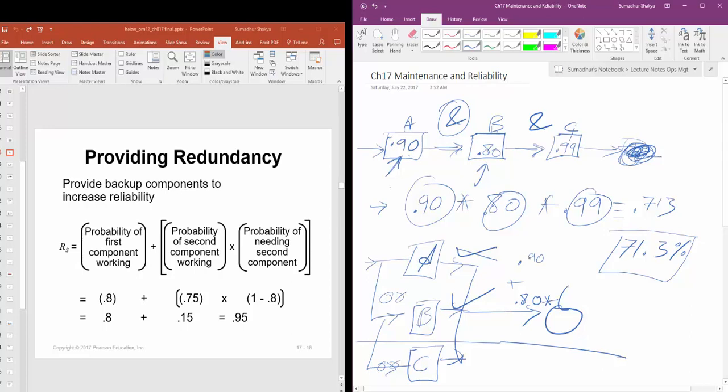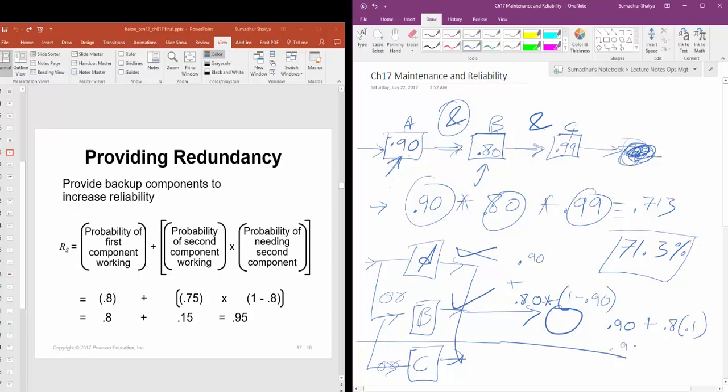A will fail when? 10% of the time, which is 1 minus the probability of success, the probability that A will fail. So you will have 0.90 plus 0.8 times 0.1.